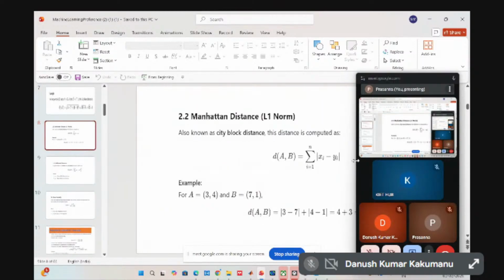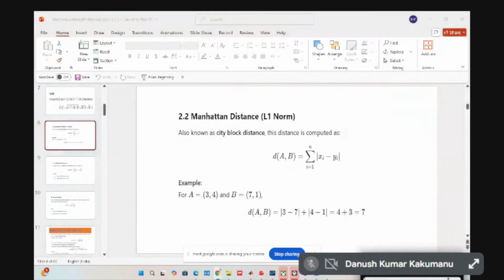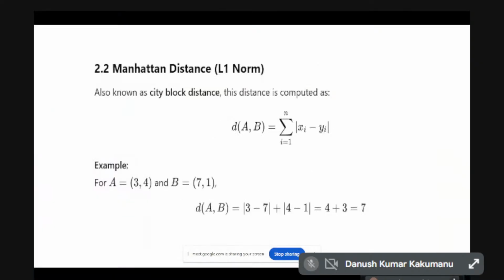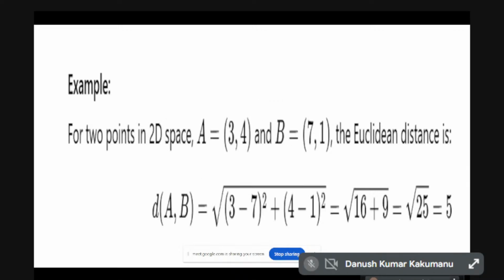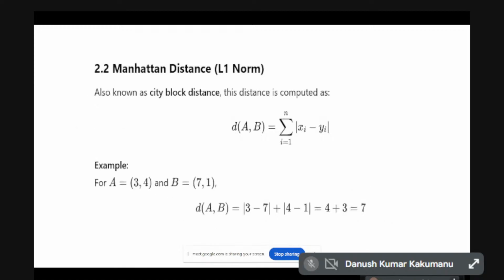The next one is Minkowski distance. First form of it, your example says to use the same values for the second one. Write down the formula.